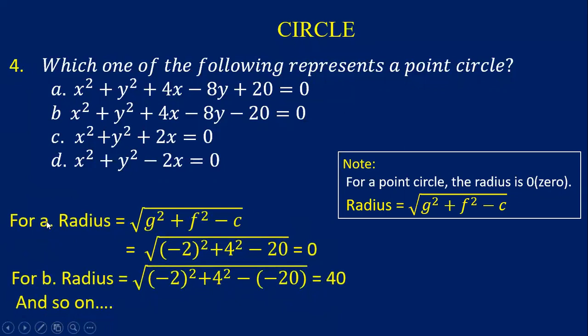So for A, radius is g square plus f square minus c, that is here minus 2 square plus 4 square minus 20. So at first we got this. So the radius of this circle A is 0. So this is a point circle. What about B, C, D? We have to test. In B it is not. So we can take decision from it. This is a point circle.